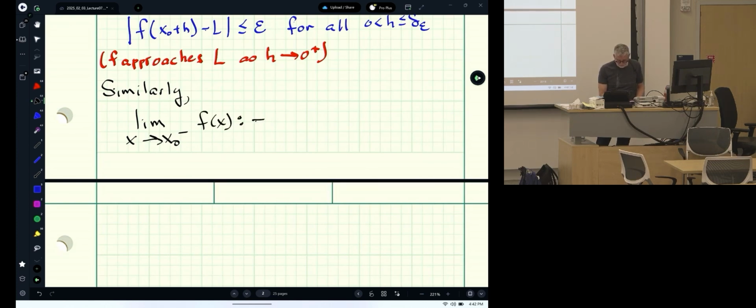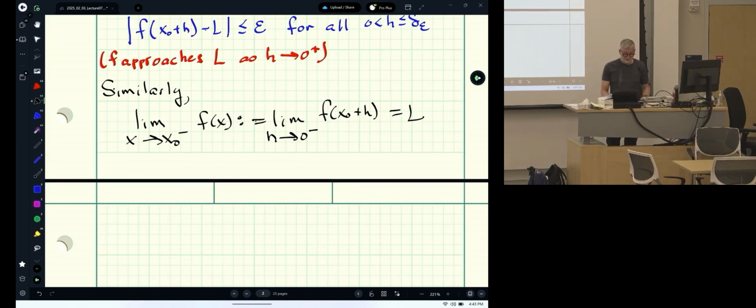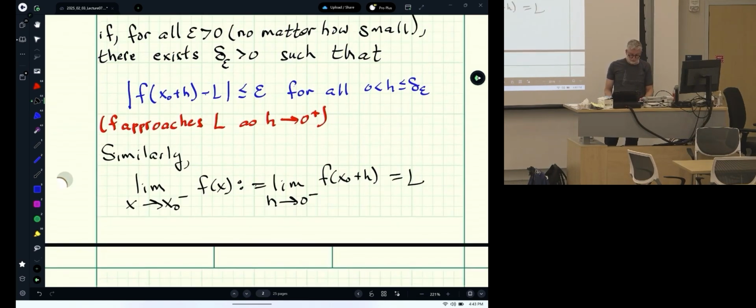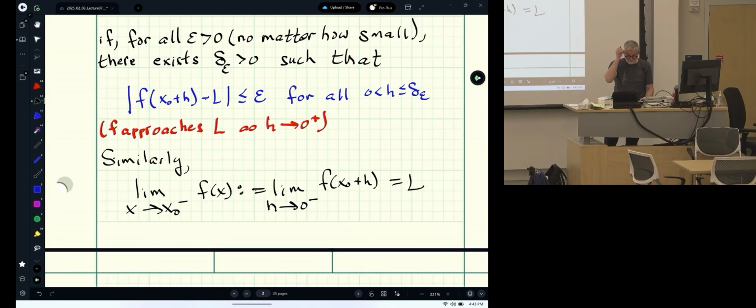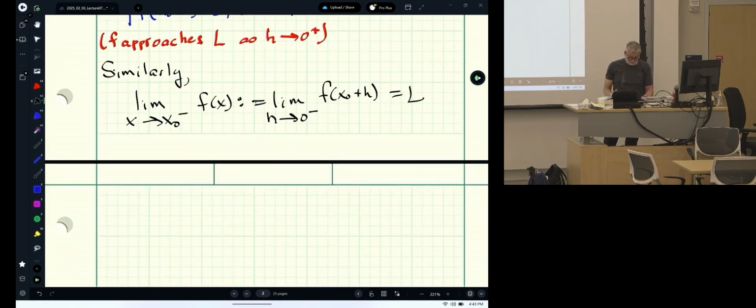This by definition means we take the limit as h goes to 0 through negative values of f of x0 plus h, and that's equal to L. And it's essentially the same thing we said here, except we're going to have h being negative and small.